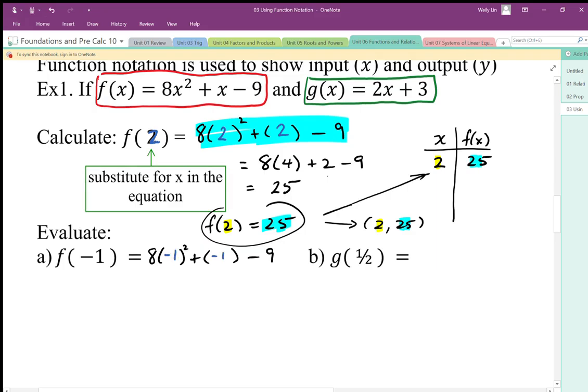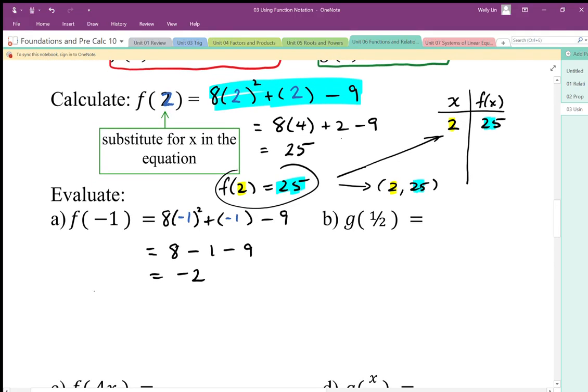The output calculation based on that function is going to be 8 times -1 squared. -1 squared is positive, so we get 8 minus 1 minus 9. That works out to be -2. So with my function notation, I say that f of -1 equals -2. So my input is -1, my output is -2.